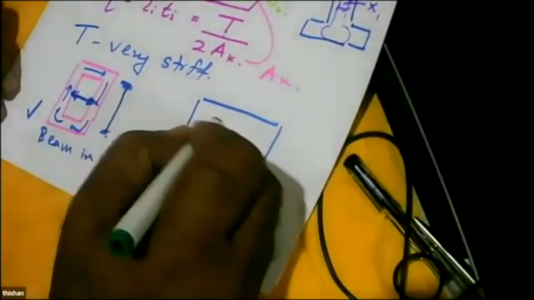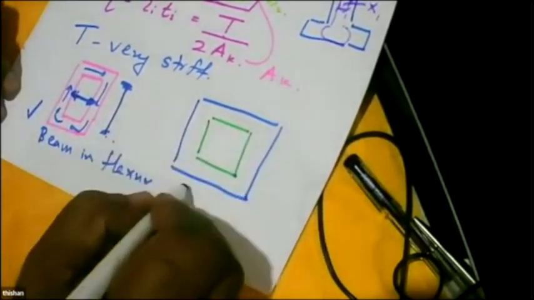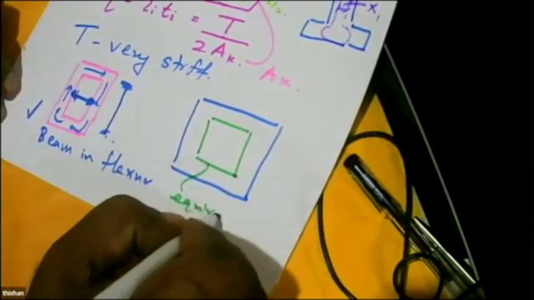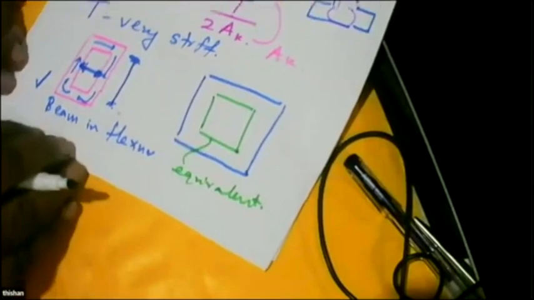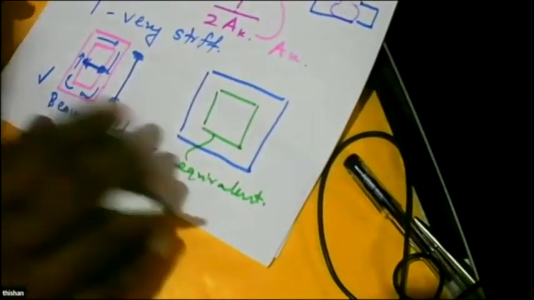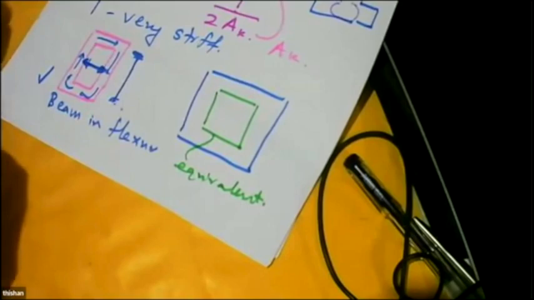Now, what happens when you try to analyze a section like this? The Eurocode says, don't analyze it this way. Find something that will give you an equivalent hollow section. So this is the equivalent hollow section. So what you do is you calculate considering that this rectangular section or the square section is not going to be a solid section. Why?